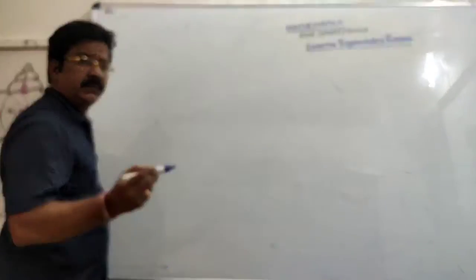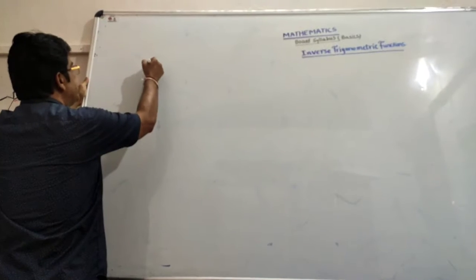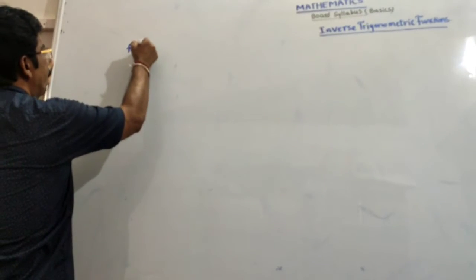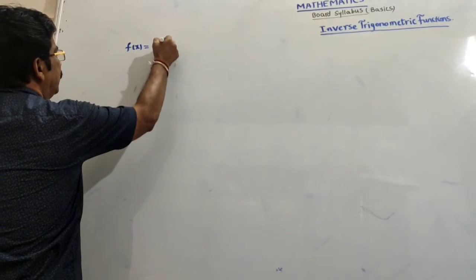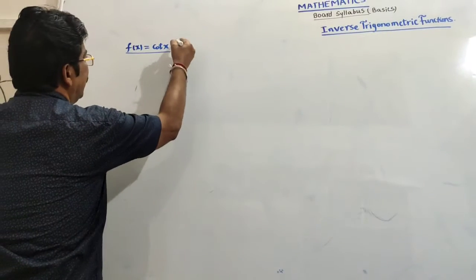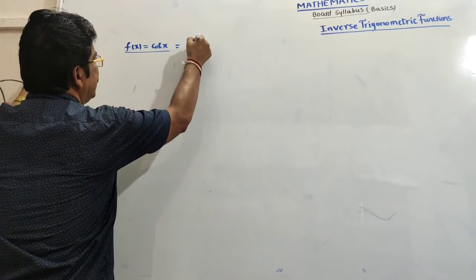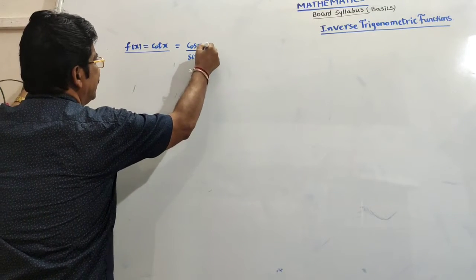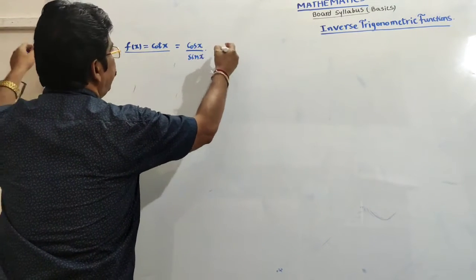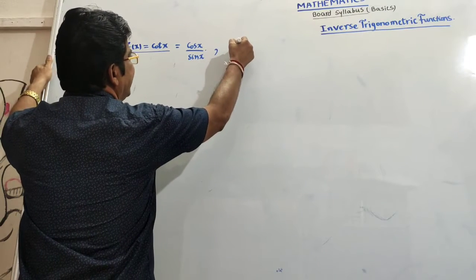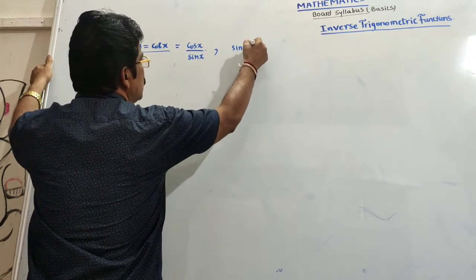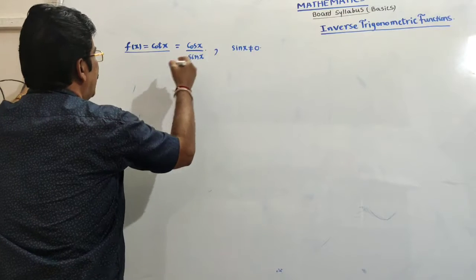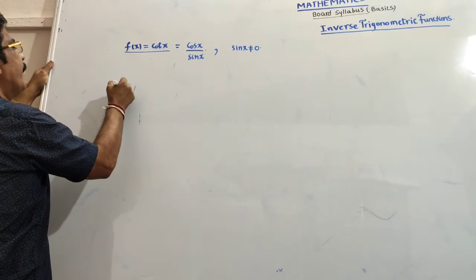Another function, cot x. Let us take f of x equal to cot x. Cot x means cos x divided by sin x, where sin x is not equal to 0.